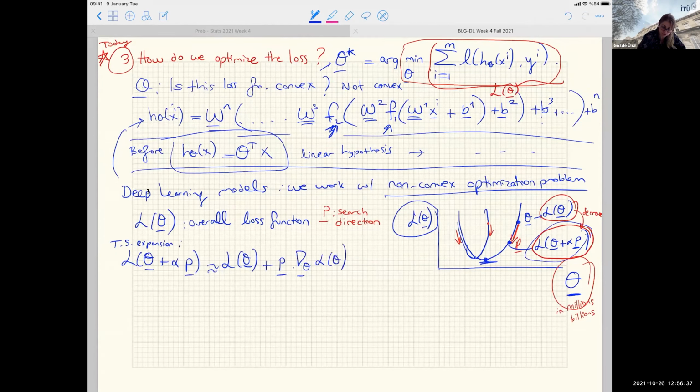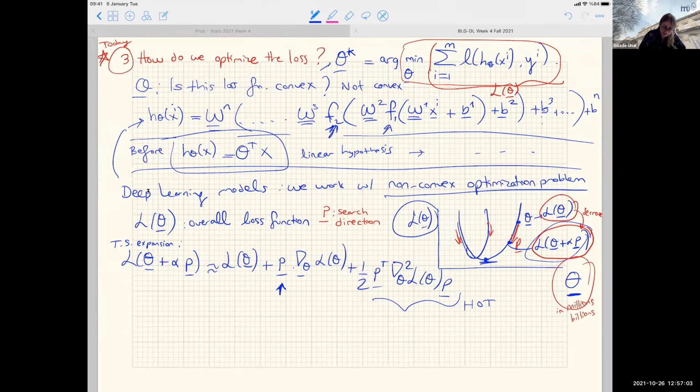And the higher order term is 1/2, remember, the quadratic term with the Hessian of the loss function, and there are higher order terms. In some of the optimizers we neglect these. And important here is how to choose this guy.